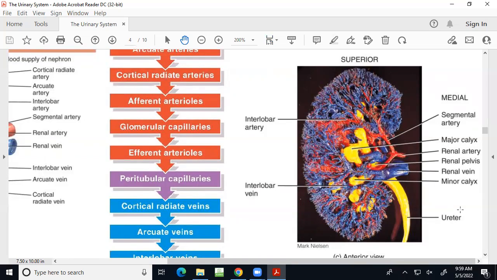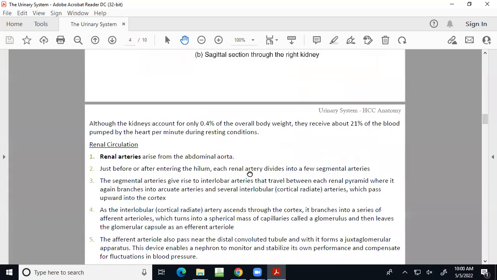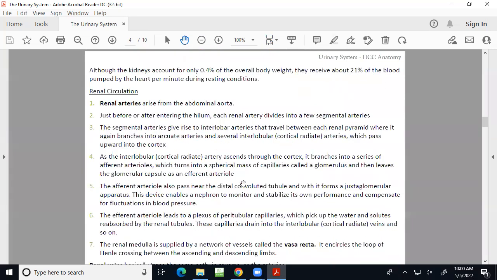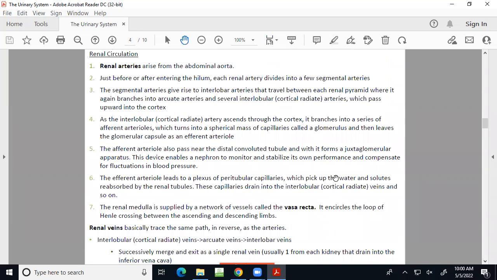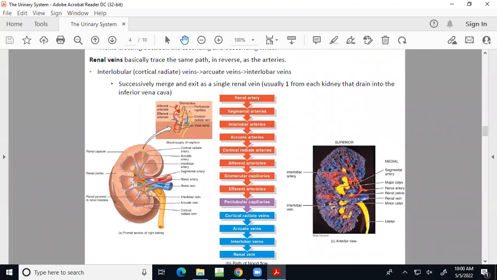Pretty much every square little segment of that kidney here is vascularized, demonstrating once again just how much blood flows through the kidneys, about 21% of our blood during resting conditions goes to those kidneys. Now, as far as identification, you don't need to worry about this picture.